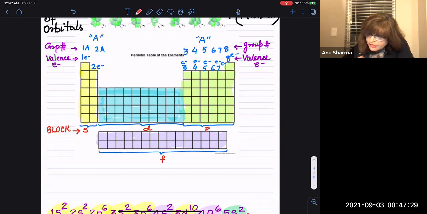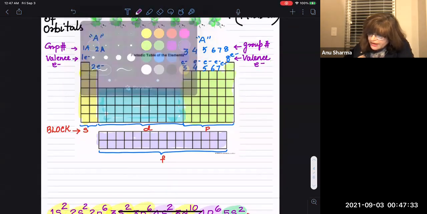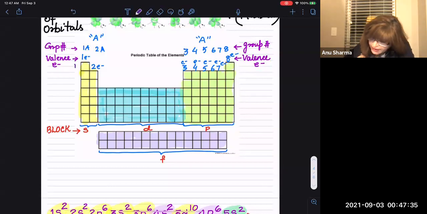But what about the rows? If you look at, this is row 1, row 2, row 3, row 4, row 5, row 6, and row 7. Now just keep this in mind, that this is actually starting from the 3rd row. This is 3D, and this guy over here is the 4D.